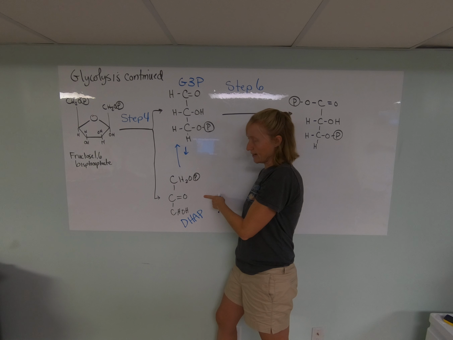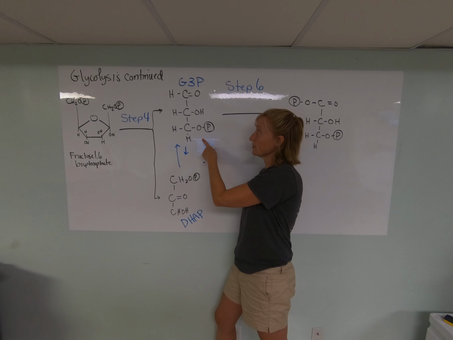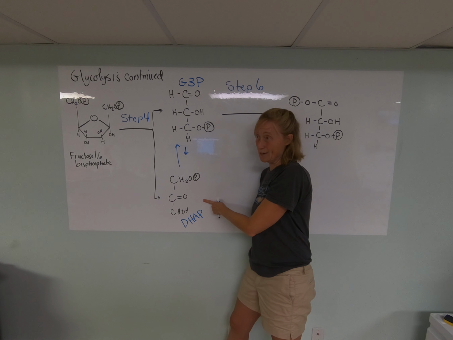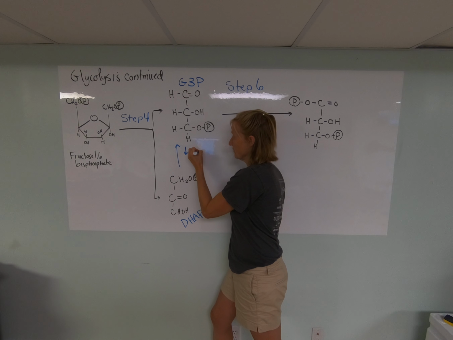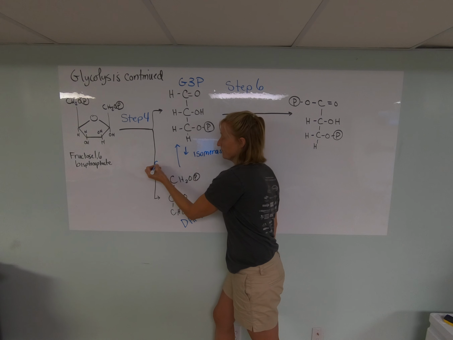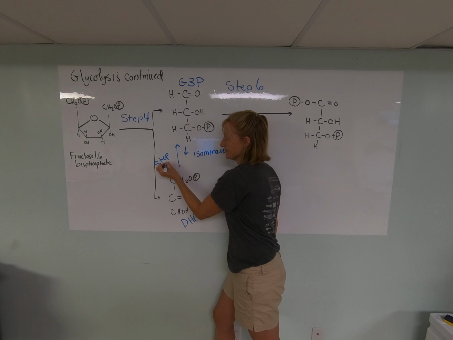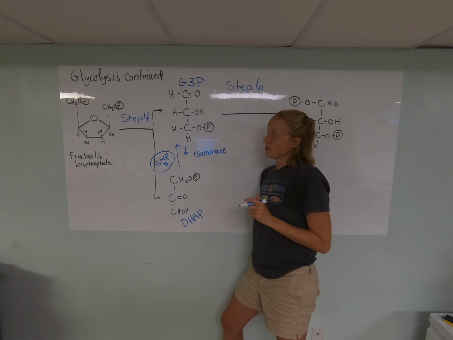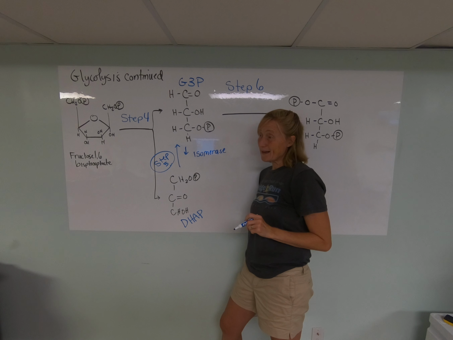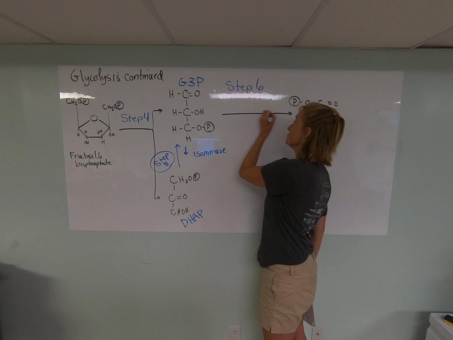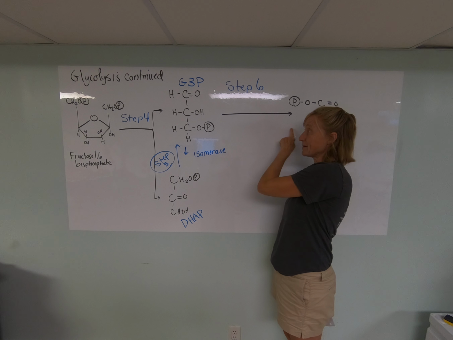DHAP can be converted into glyceraldehyde 3-phosphate, and glyceraldehyde 3-phosphate can be converted into DHAP, with the use of an enzyme called isomerase. But what happens in glycolysis is glyceraldehyde 3-phosphate gets used in the next step, in step 6.